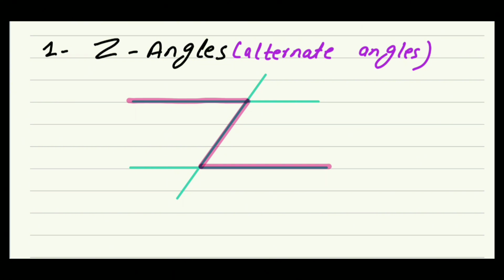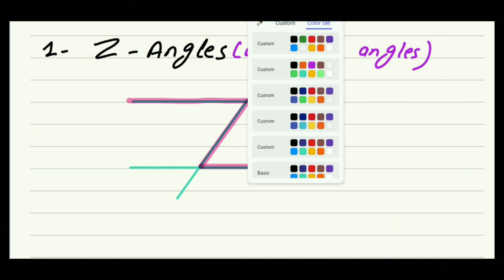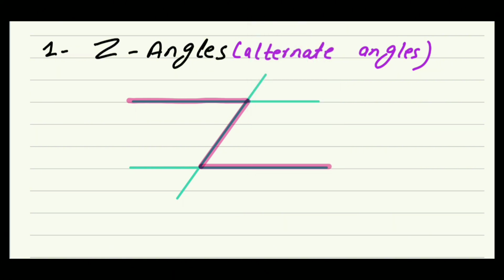The angles inside Z shapes, like this angle, this angle, and this angle, will be called same angles.